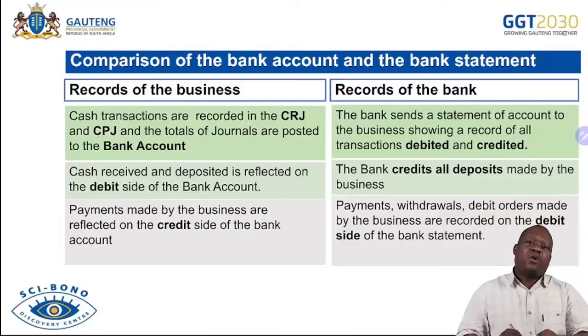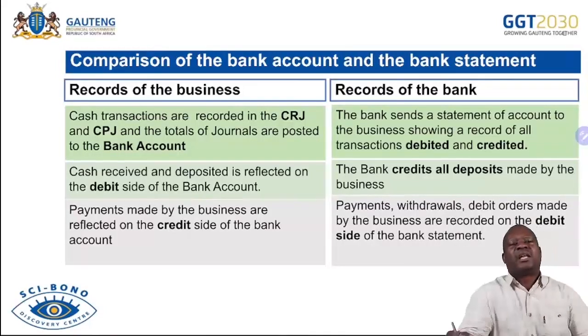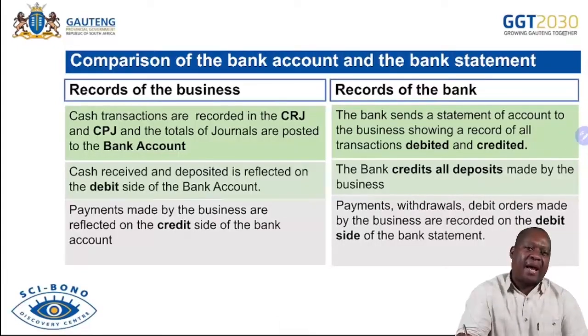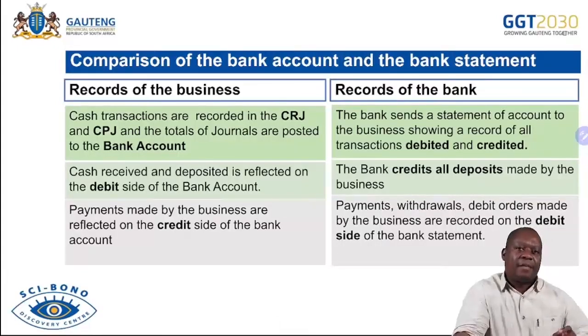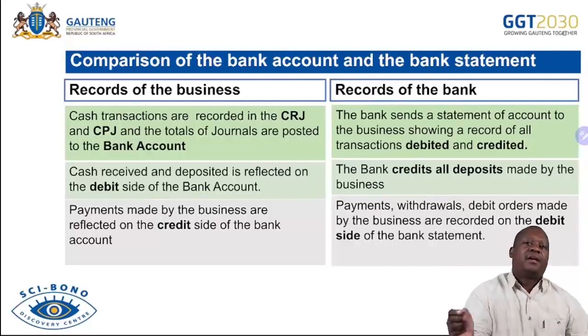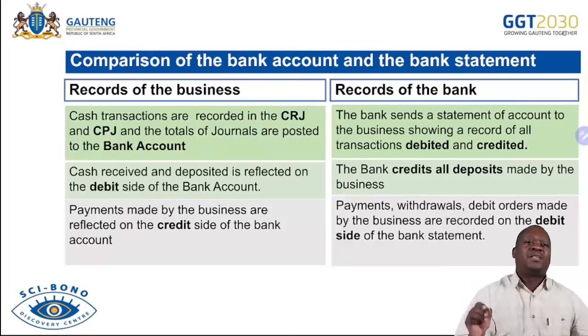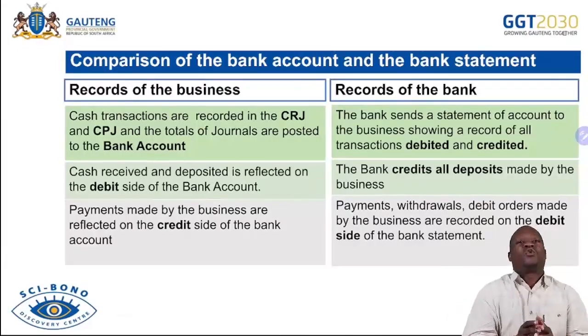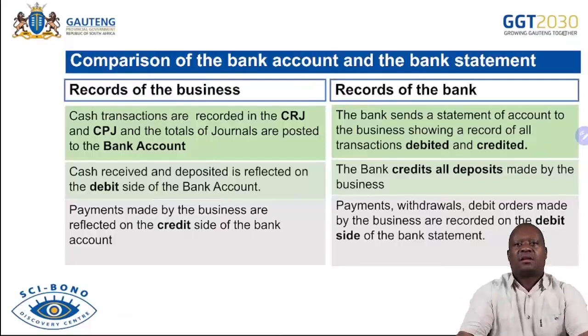After concluding these, we post to the general ledger and we post this to the bank account. So check in: the final total of the CRJ goes to the bank, and the final total of the CPJ goes to the bank account.